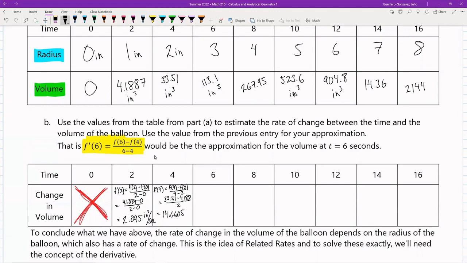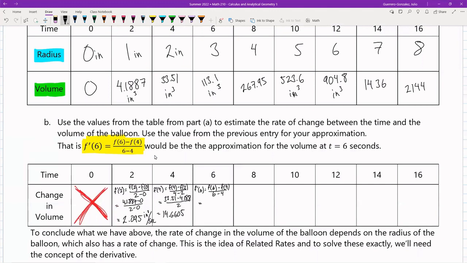Okay, let's go ahead and do f prime of 6. This is what we were using as our example. So f prime of 6 is f of 6 minus f of 4 all over 6 minus 4, right?